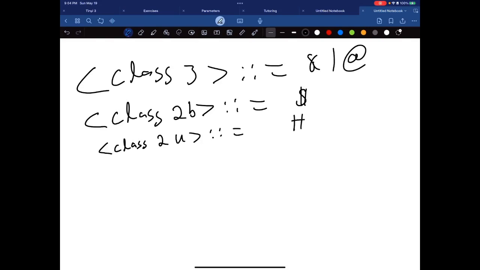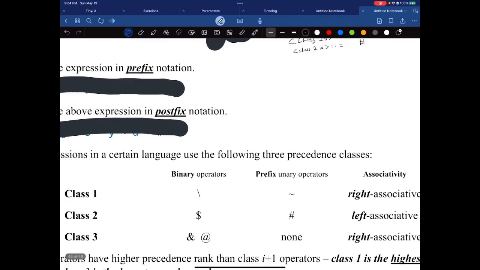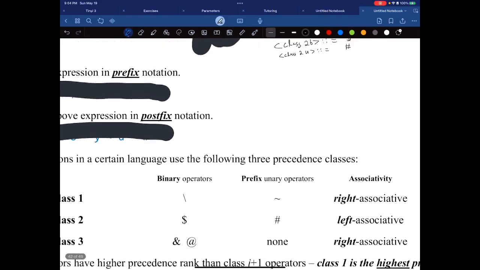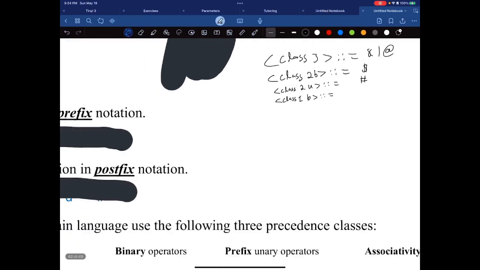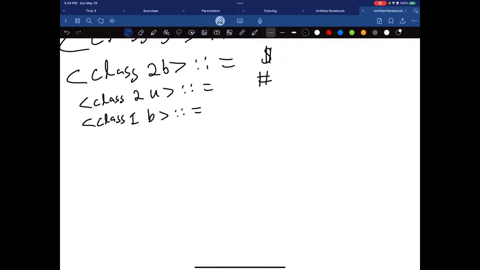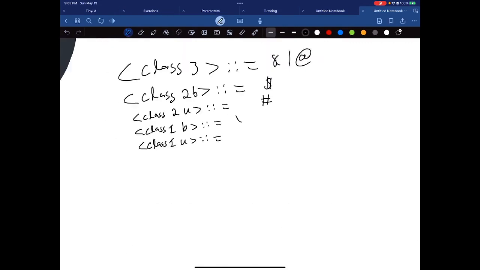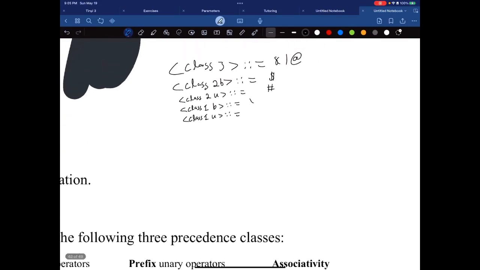So that should be a hashtag, I think, right? Yeah. Then class 1 binary is a divide symbol. And then class 1 unary, prefix unary, is a tilde.